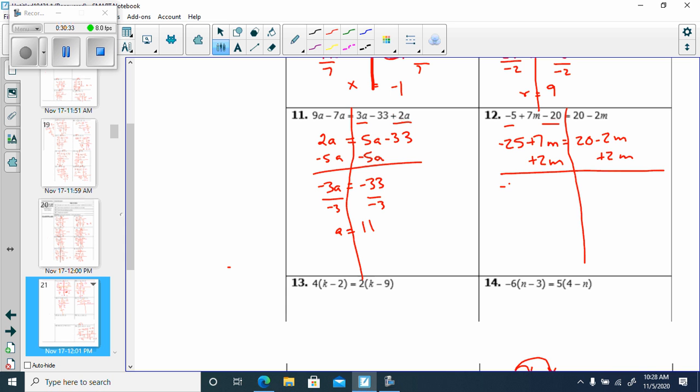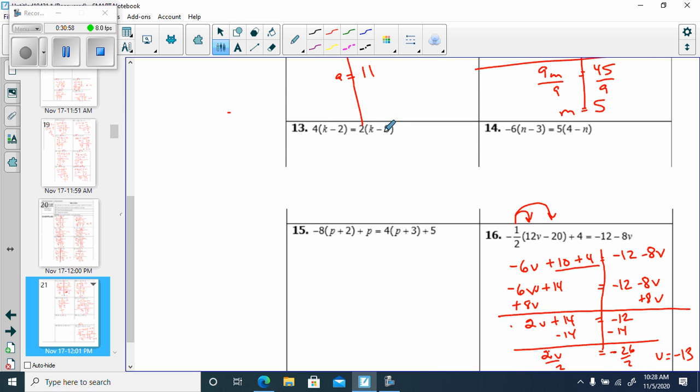That's negative 25 plus 9m equals 20. Let's add 25 to each side. That gives me 9m is equal to 45. Let's divide both sides by 9, and m is equal to 5. Okay, number 13.